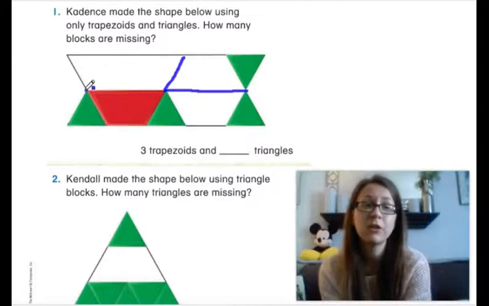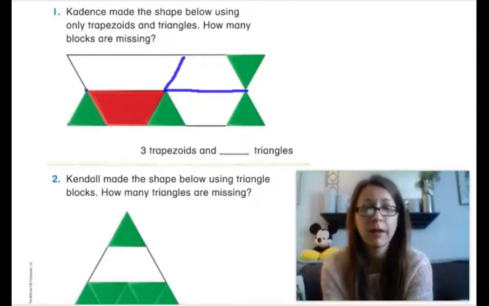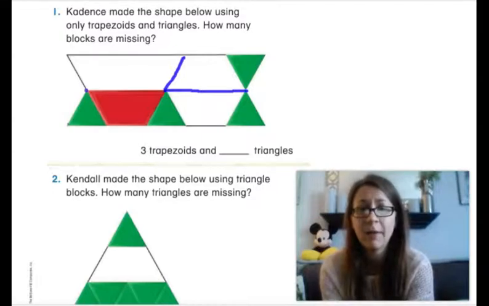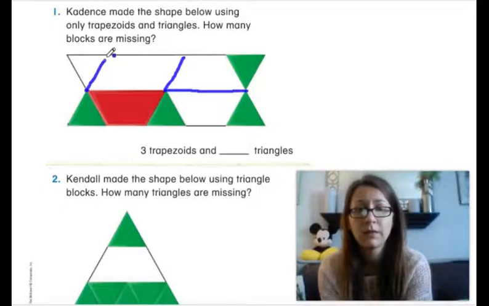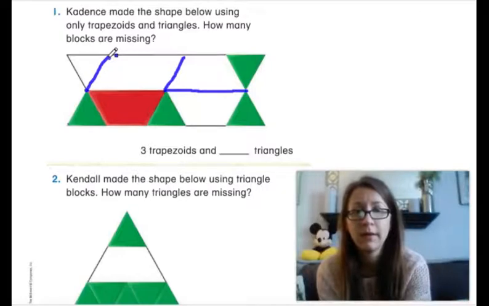So make sure that you try and do your lines as straight as possible. They're not going to be perfect since we don't have pattern blocks to use on our page here. So just do the best that you can. So I'm going to make one triangle going this way, upside down. Then I'm going to make another triangle going right side up.